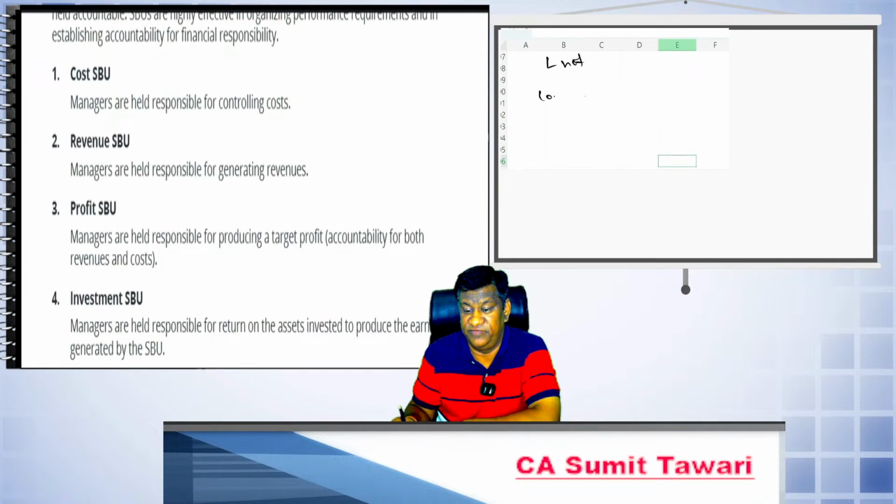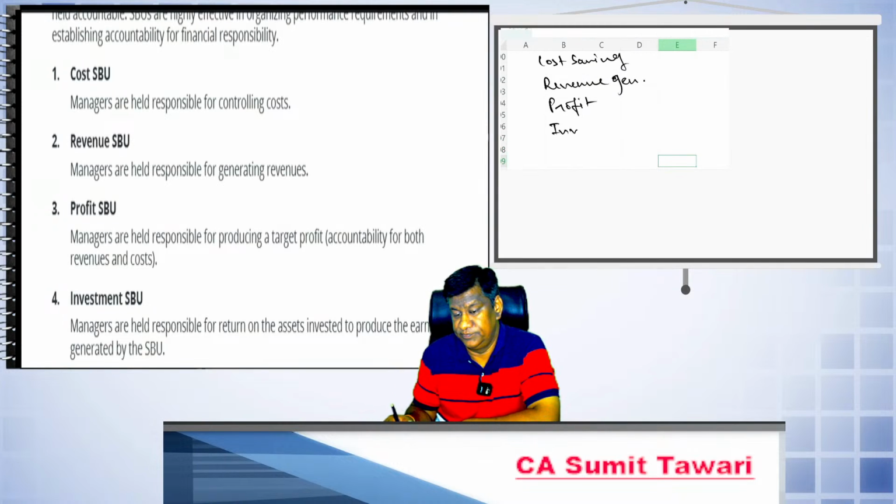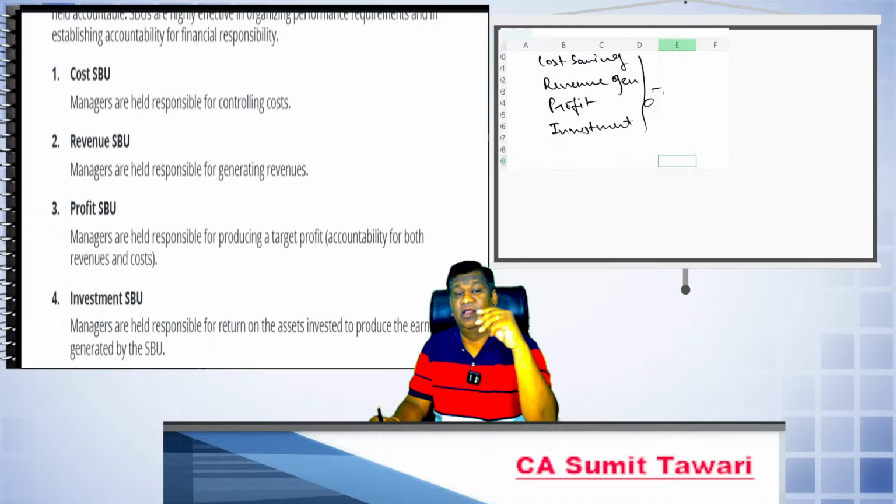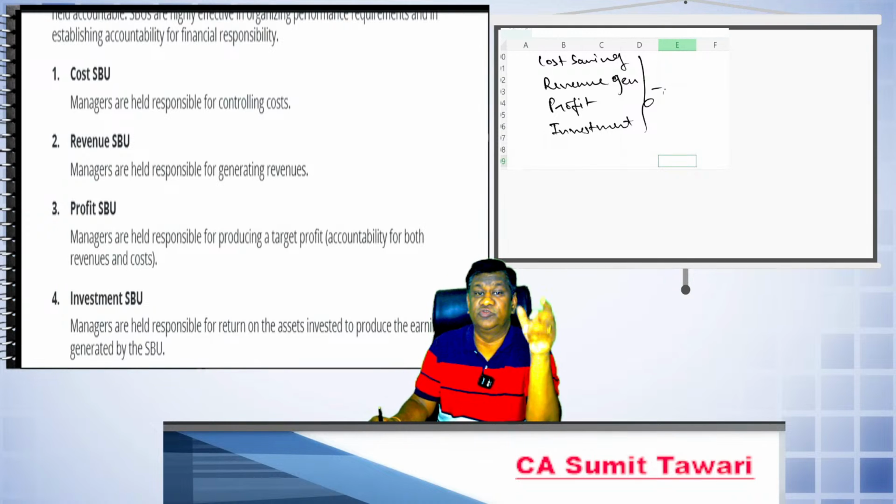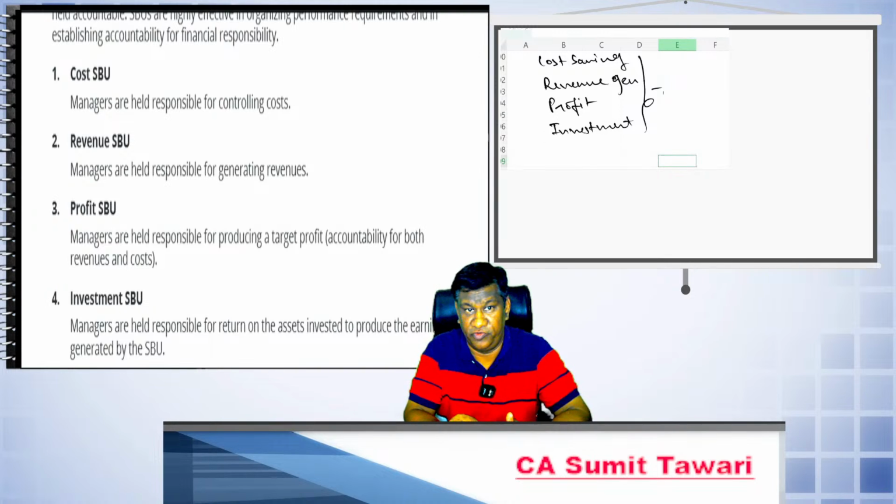people, like cost saving, then revenue generation, then profit, and investment. We are giving these to different people so that everyone can focus on their core activity, and we may generate something which is desirable for the organization.